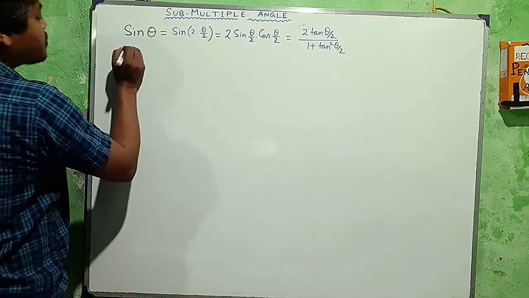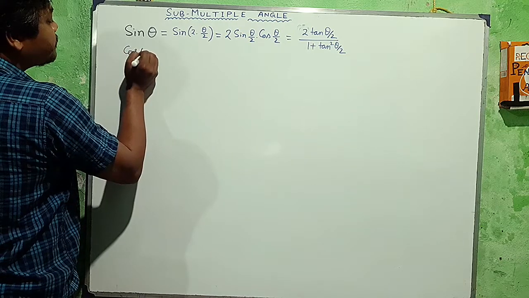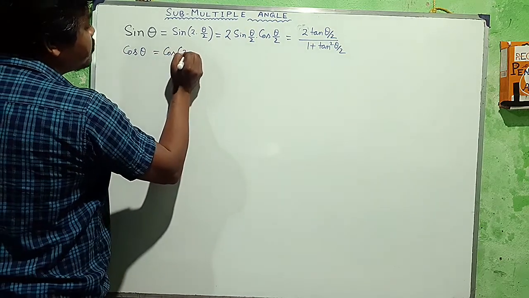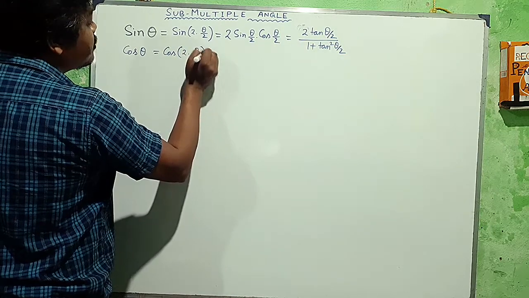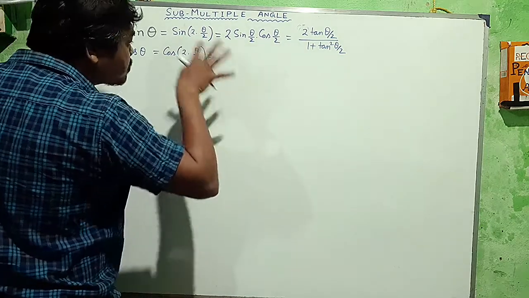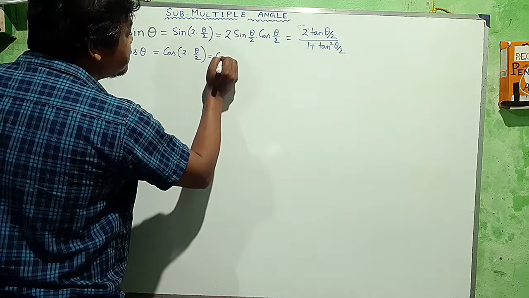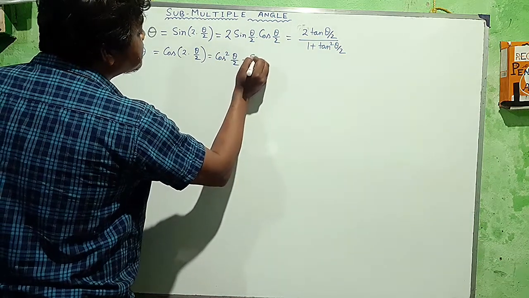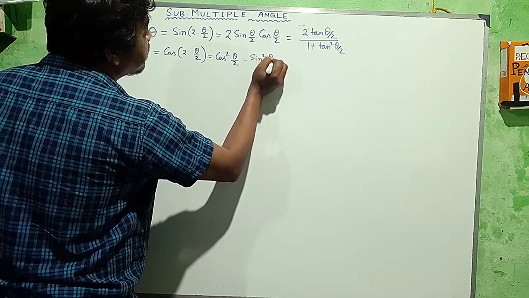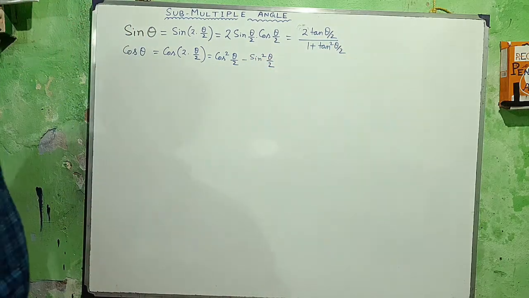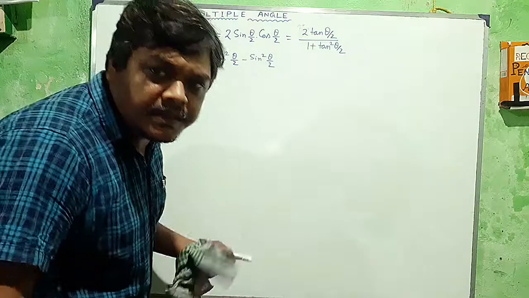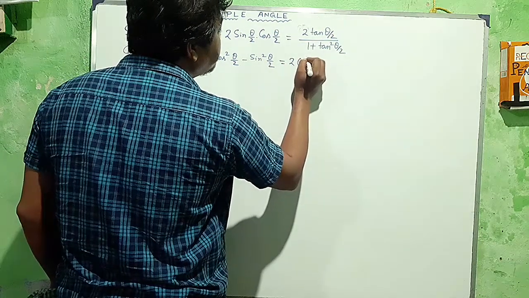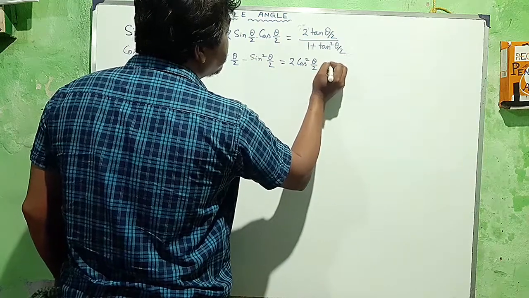So what about cosine theta? In a similar fashion, you can express cos theta as cos 2 into theta by 2. In terms of cosine and sine, the formula is cos square theta by 2 minus sin square theta by 2. And similarly, if we express in terms of only cosine, the formula goes to 2 cos square theta by 2 minus 1.